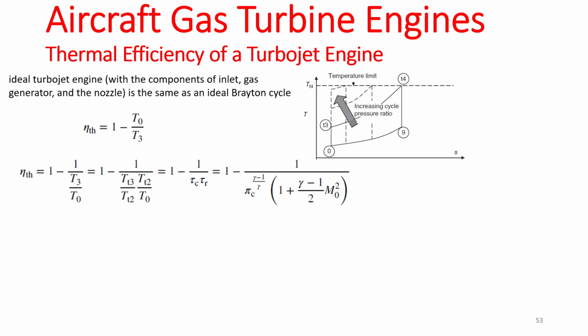But then the question is, what would be the maximum thermal efficiency you can get out of a cycle in general? What's that? 1? No, you definitely cannot get to 100%, right? And hopefully you have had this discussion in your thermodynamics.